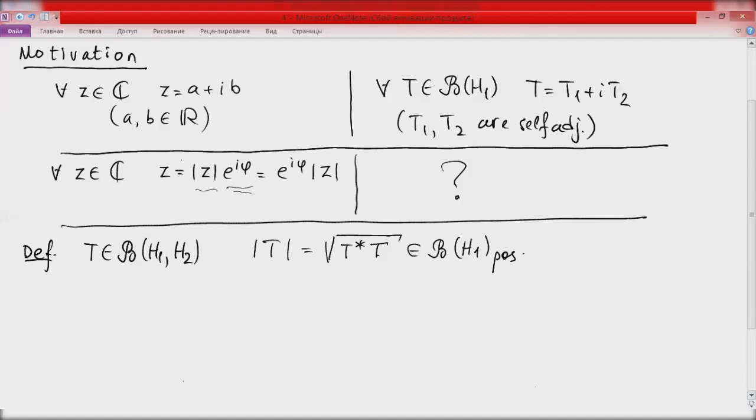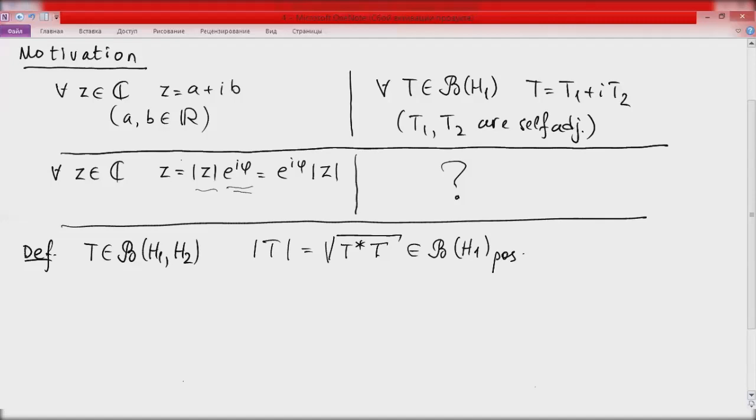So the complex plane is a C star algebra, and the set of unitary elements in the complex plane is just the unit circle. So a reasonable conjecture is that a correct operator analog of this exponent is a unitary operator. But it turns out that this conjecture is too naive.